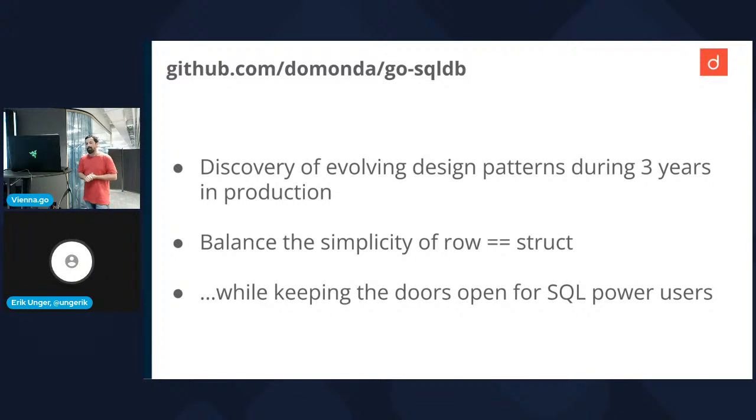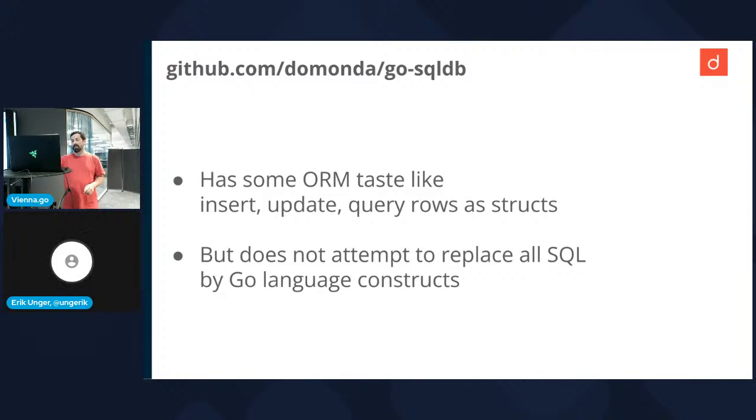And so what works really nice is this one row is one struct, and also we're kind of power users of Postgres and SQL. We do some heavy lifting there, and we also like to write our queries mostly by hand and not have some ORM that has kind of this "I'll reinvent SQL with the constructs of some programming language", which then never does exactly everything you need, especially if you're a power user.